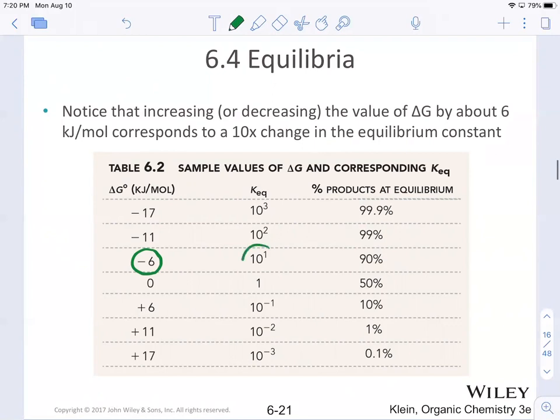That KEQ corresponds to about 10 to the 1, so 10 times as many products over reactants. That's 90% yield. So don't think about this as, oh, if it's spontaneous, I'm going to make 100%. Even endergonic reactions make a little bit of product.